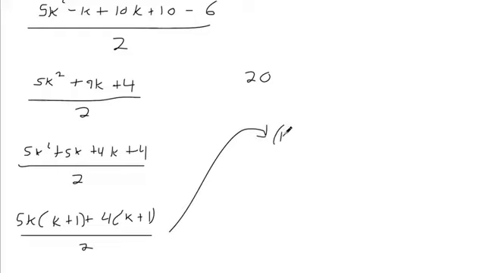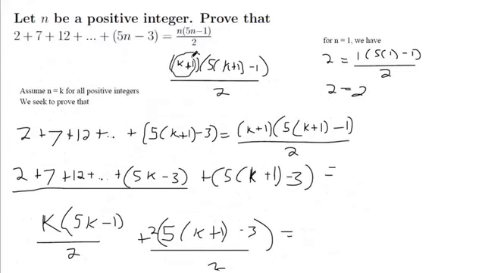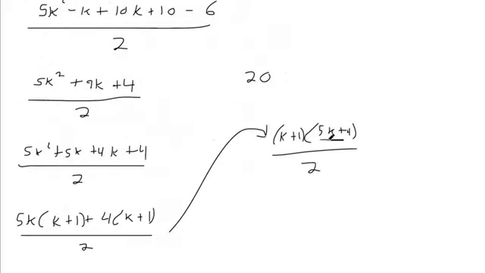So you can take out k plus 1. And what we have left is 5k plus 4. And that's close. We've got the k plus 1. And we actually have this because if you were to distribute and simplify, this would be 5k plus 5 minus 1. So this is 5k plus 4 right here. This is 5k plus 4.